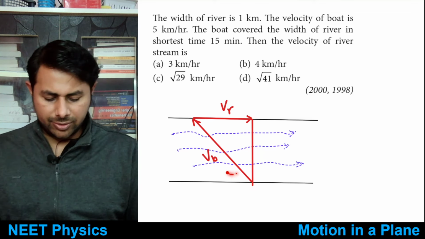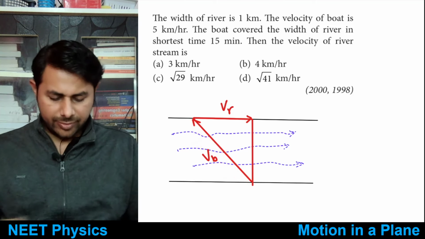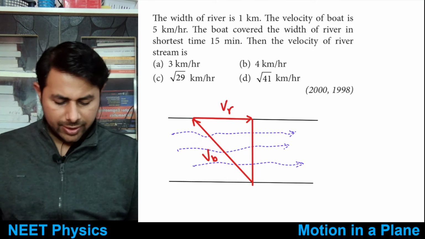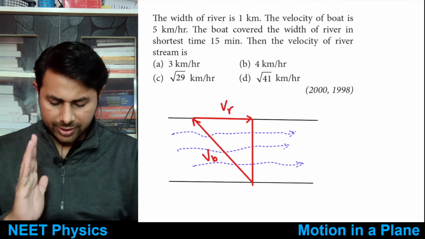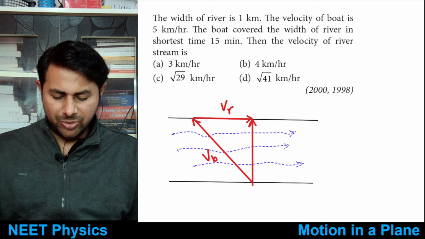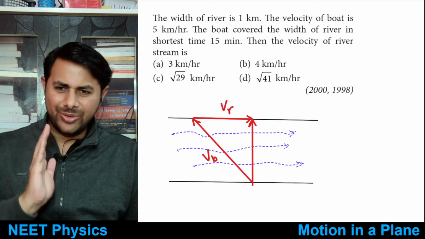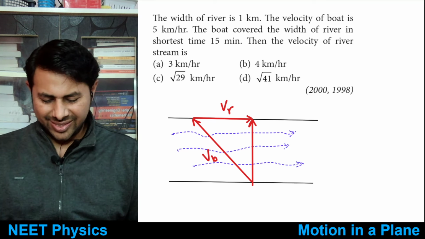As a result of these two, the boat wants to move in this direction, but the river is taking it along the current, and the result of these two is like this. It's moving along the shortest path. It can move in the shortest time only if it is moving along the shortest path, right? So that is 15 minutes.